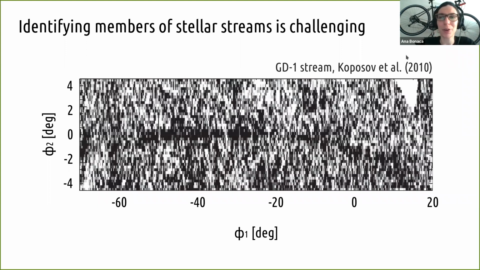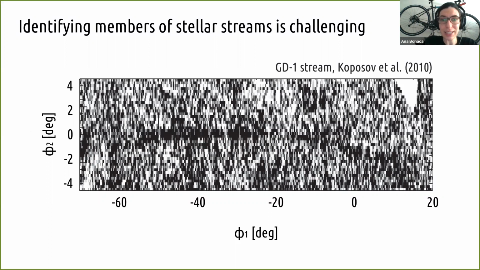So this is work from Grillmair and Dionatos in 2006, which in every pixel shows a weighted number density of stars likely to be members of the stream, based just on their colors. And this is rotated, so this is showing sky coordinates rotated in such a way that the stream is roughly aligned with this phi2 coordinate of 0.